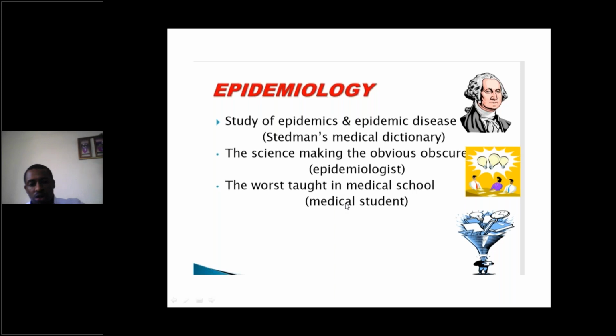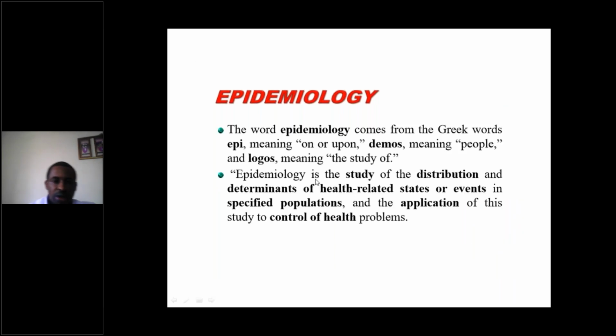Generally, the word epidemiology comes from the Greek words epi, meaning on or upon, demos, meaning people, and logos, meaning the study. So it simply means the study of what is upon people.